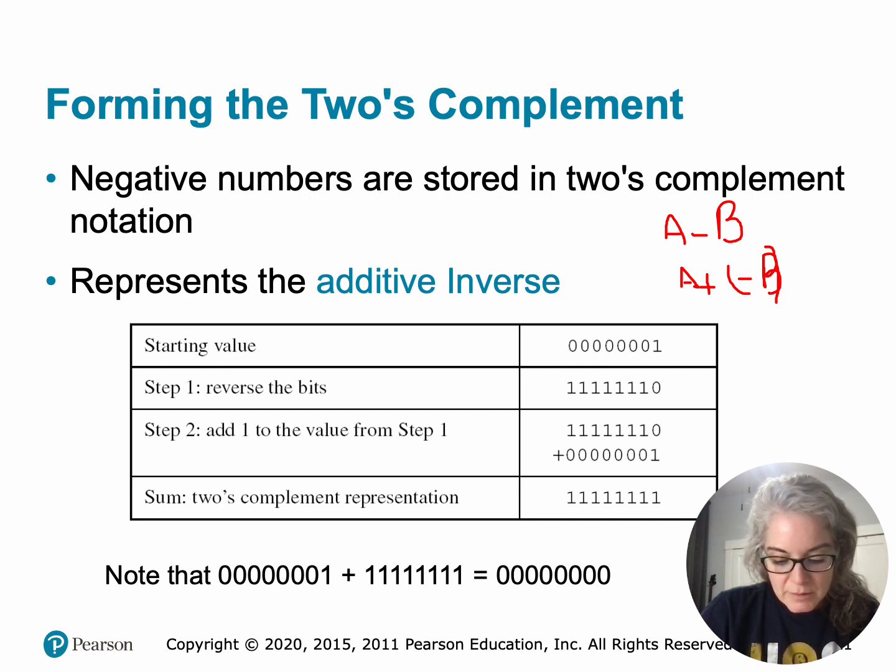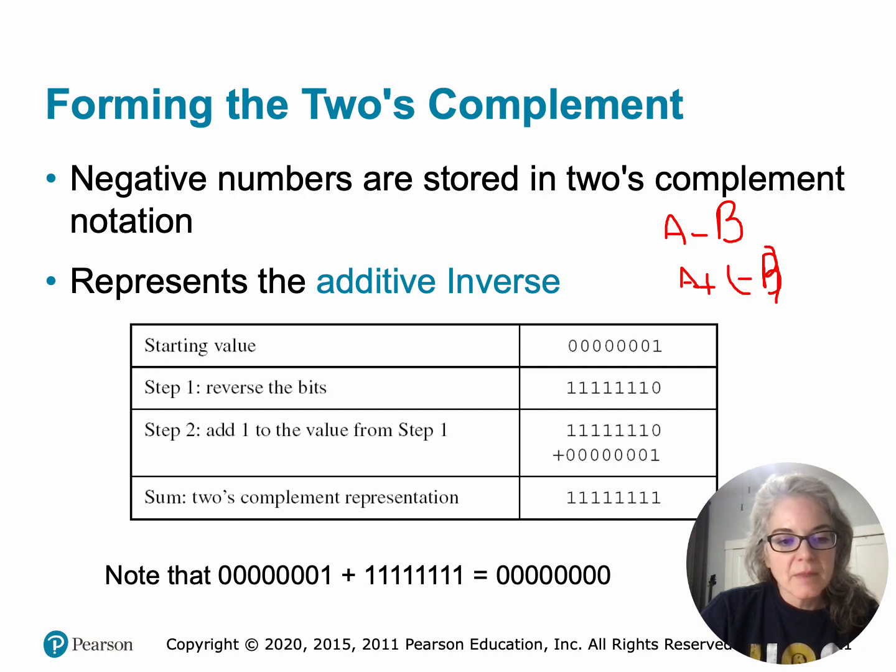The 2's complement of a binary integer is formed by inverting, or complementing, its bits and then adding 1. So for example, if we have this binary number, we reverse the bits, so all the zeros become 1 and all the 1s become 0, and then we add 1 to the very last digit.